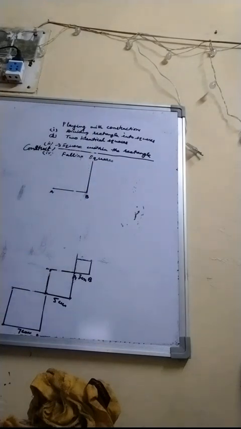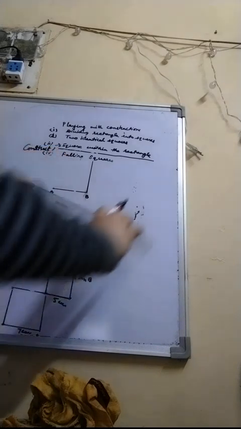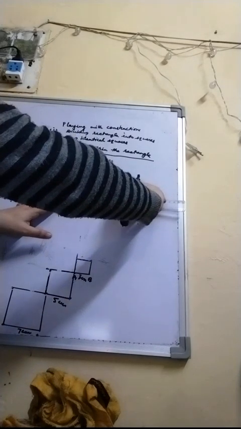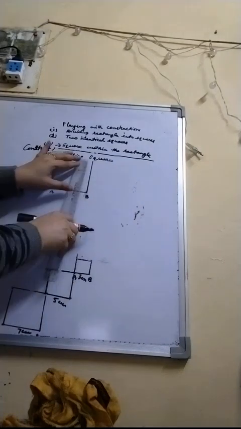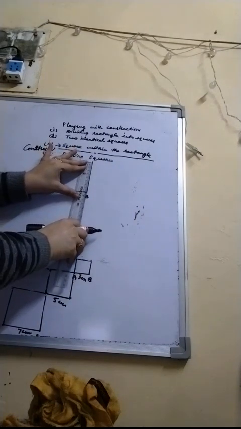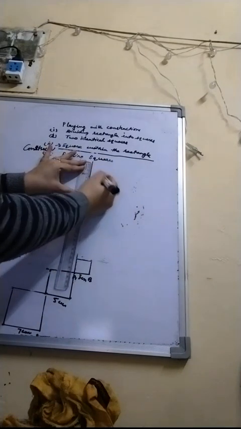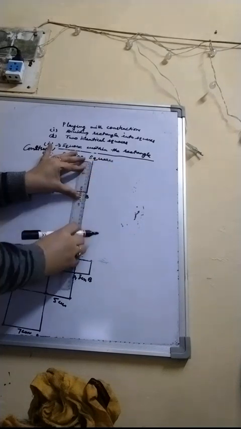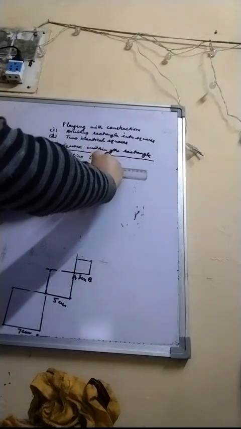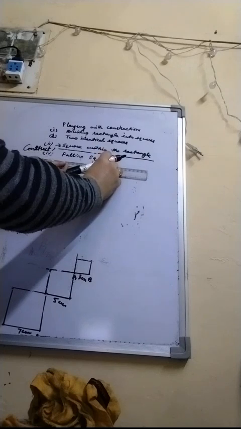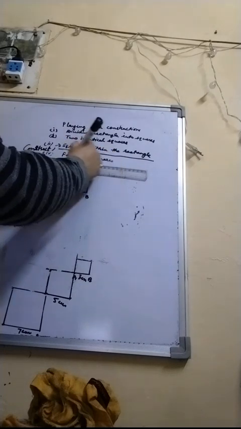Mark the square of how much we have taken. We have taken 8 centimeter. So mark 8 centimeter here. This is our 8 centimeter dot. Draw a line here.